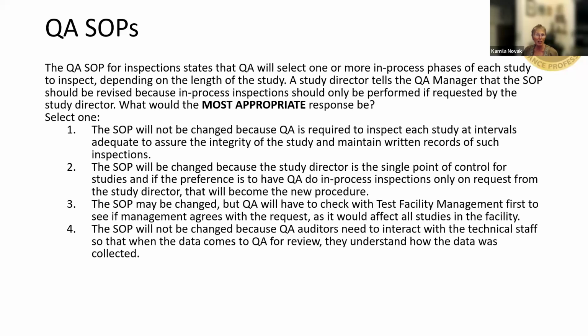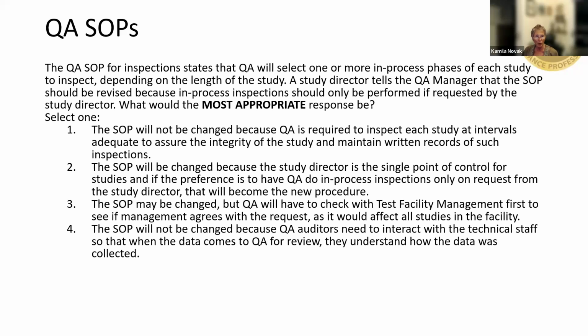1, the SOP will not be changed because QA is required to inspect each study at intervals adequate to assure the integrity of the study and maintain written records of such inspections. 2, the SOP will be changed because the study director is the single point of control for studies, and if the preference is to have QA do in-process inspections only on a request from the study director, that will become the new procedure. 3, the SOP may be changed, but QA will have to check with test facility management first to see if they agree with the request, as it would affect all studies in the facility.